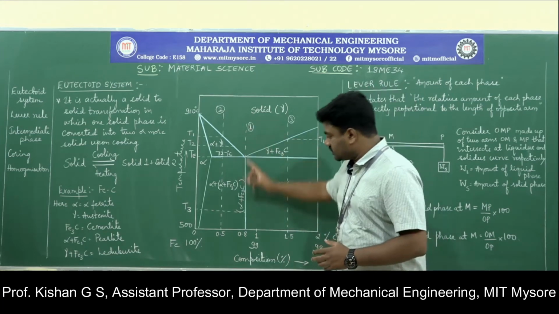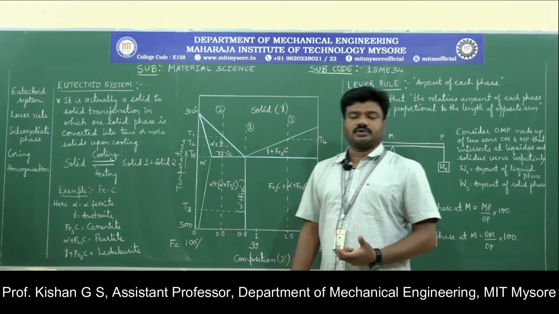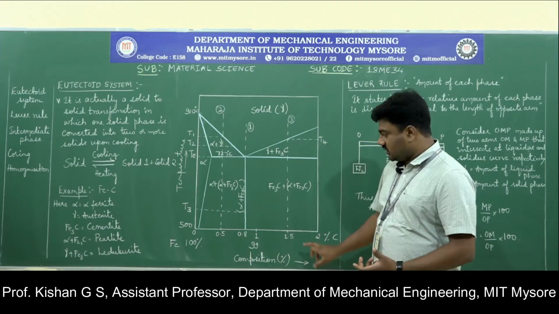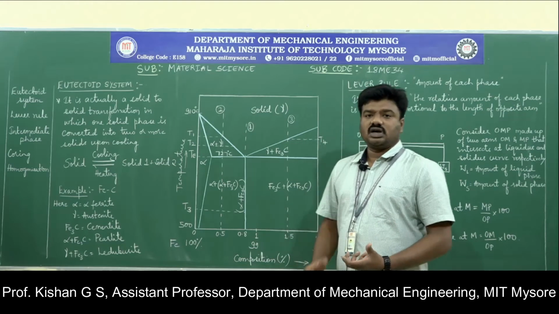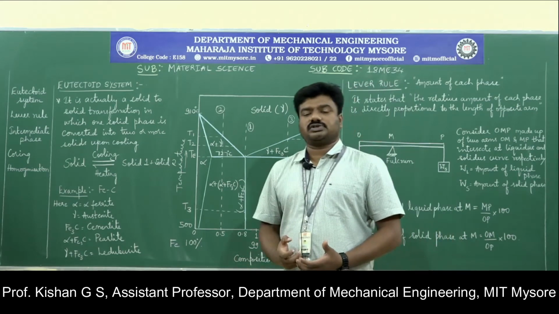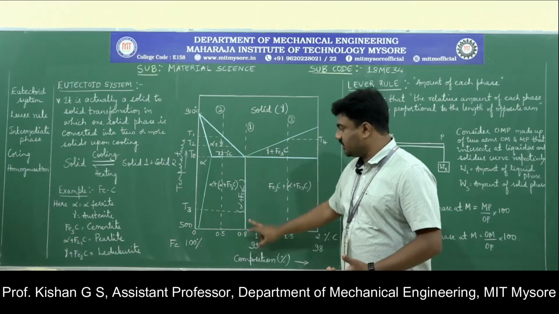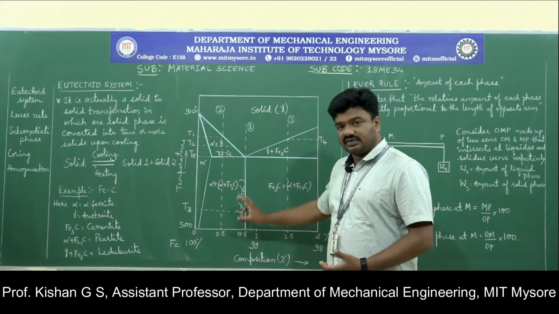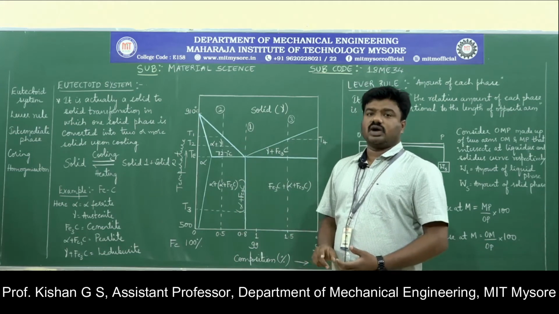The eutectoid composition has 0.8% carbon and 99.2% iron. The corresponding reference where alpha plus Fe3C composition is defined is represented as composition number 1.